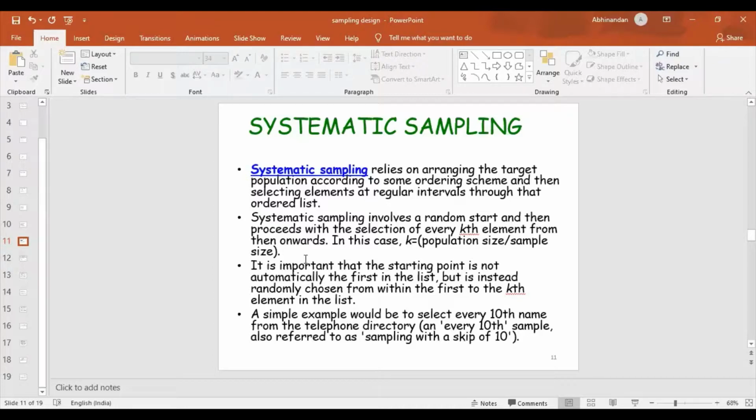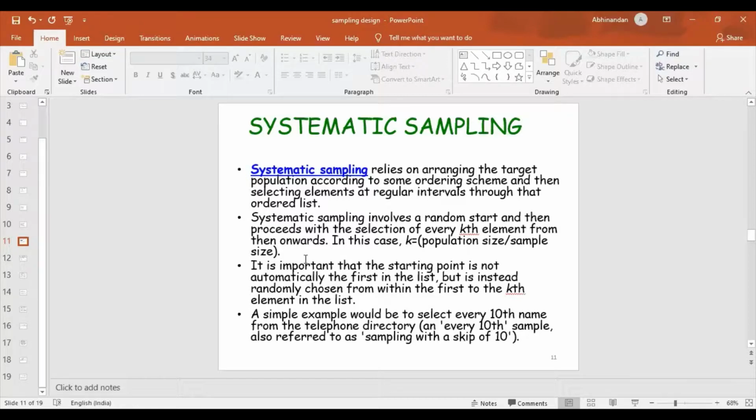For example, population size is 100 and sample size I want is 50. So that means I'll reduce the sample size. I want a sample size of 25. So population size 100 divided by 25, I get 4. That means your interval should be 4. First I pick a number, for example, 4.